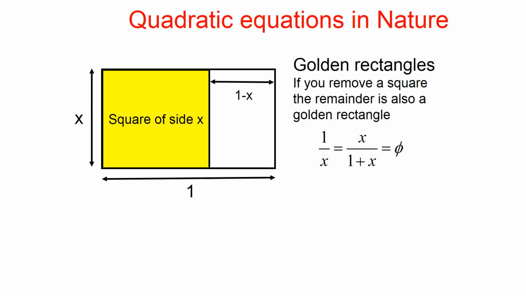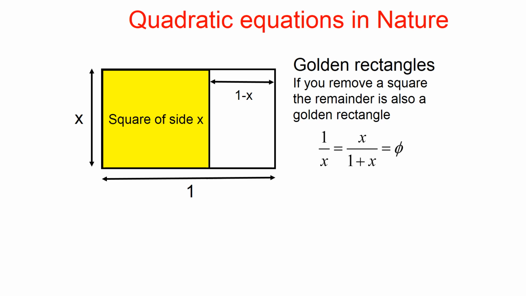So this then becomes x over x, 1 times x, pretty simple, and this becomes x squared over 1 plus x. This is obviously now 1.